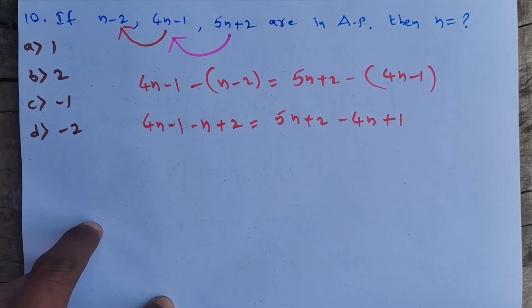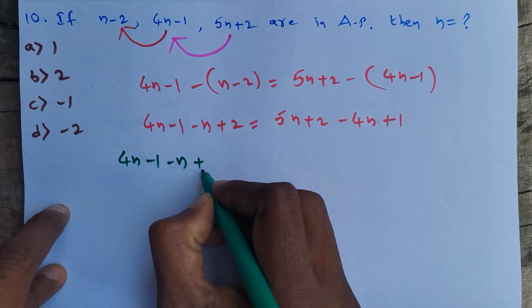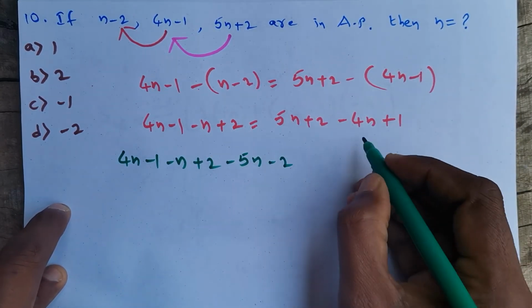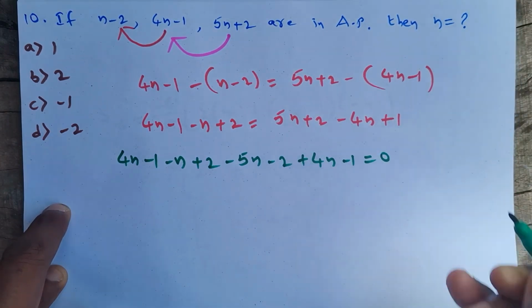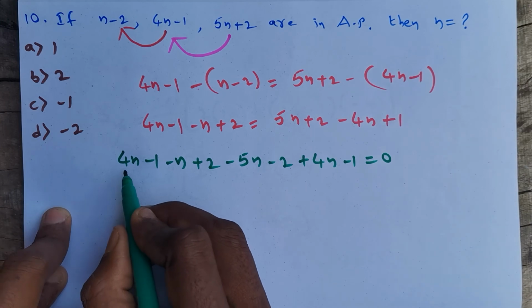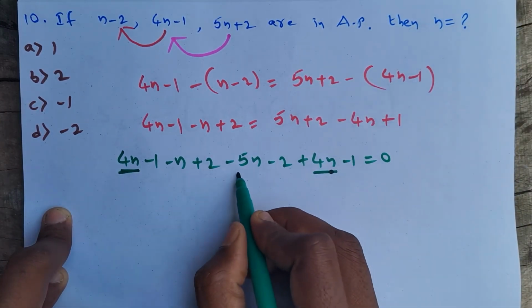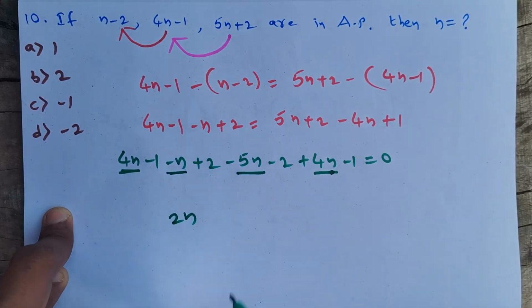Now I will take everything to one side. So 4n minus 1 minus n plus 2, plus 5n will become minus 5n, plus 2 will become minus 2, minus 4n will become plus 4n, plus 1 will become minus 1, is equal to 0. 8n minus 5n is 3n, minus n is 2n.